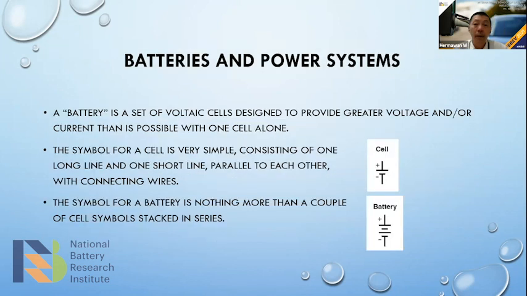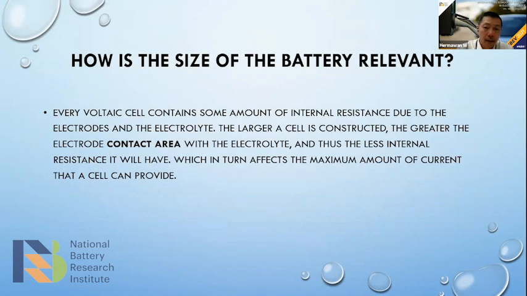And then this is about the battery and power system, the symbol of a cell, and then the multi-cell. And then for the battery, you must see the internal resistance inside the battery.